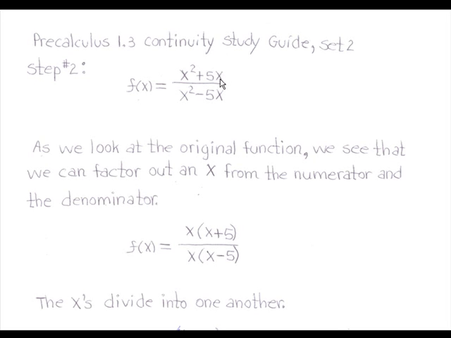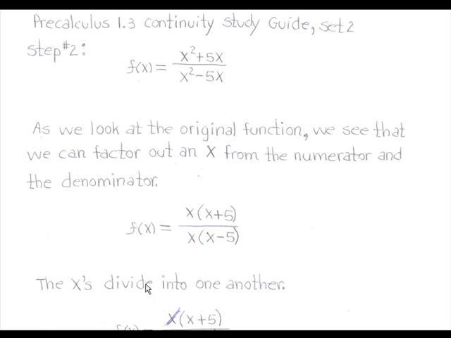That is the highest power that we can factor out. So when we do factor out the x, we now have f of x equals x times x plus 5 in the numerator, and in the denominator, we have x times x minus 5.